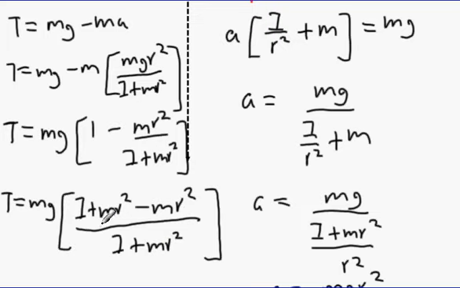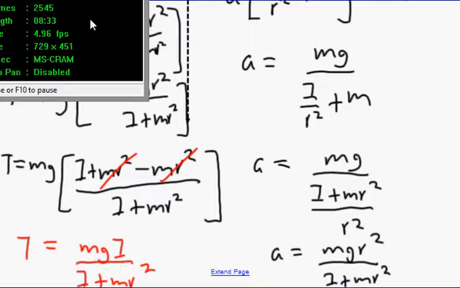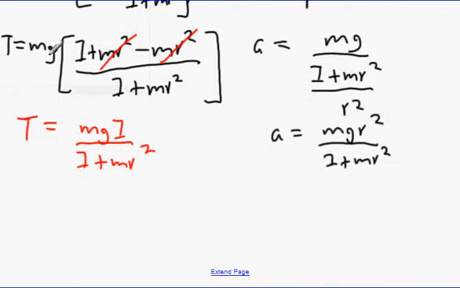Cancel. And what we're going to get T is equal to is m g I all over I plus m r squared.